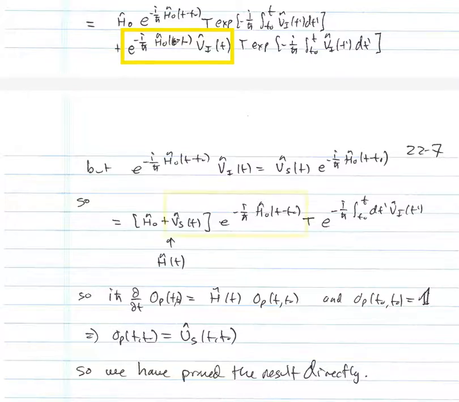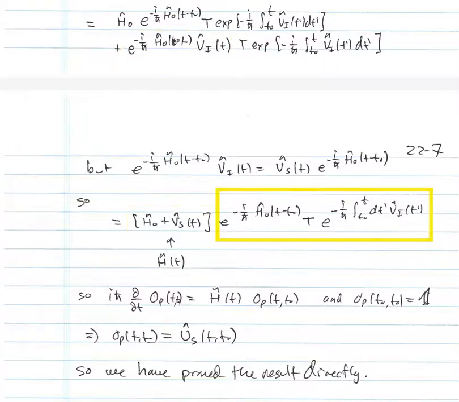I'm going to replace that by V Schrodinger of t times e to the minus i over h bar H0 (t minus t0). And you see I now have pulled all the way out to the left H0 plus V Schrodinger of t multiplied by U Schrodinger of t, t0, because the expression on the right is e to the minus i over h bar H0 (t minus t0), time-ordered product of the interaction potential.